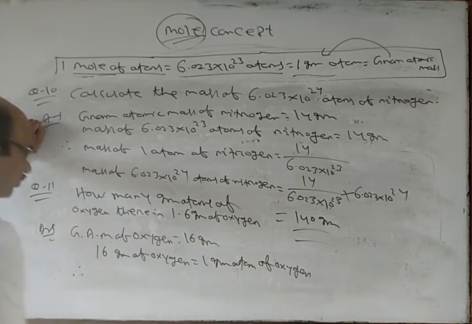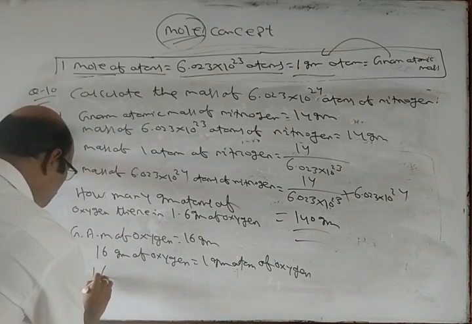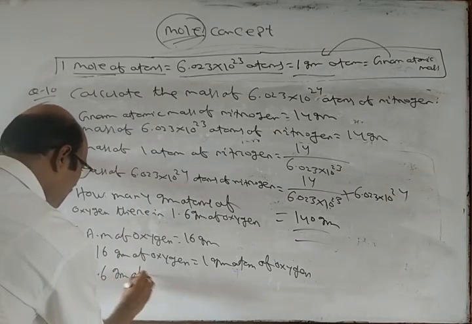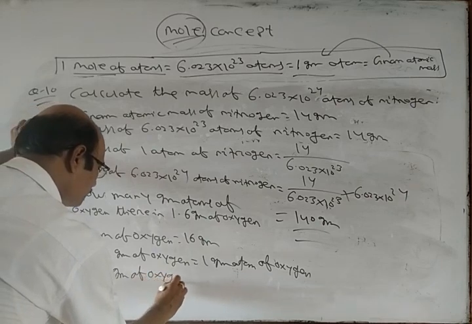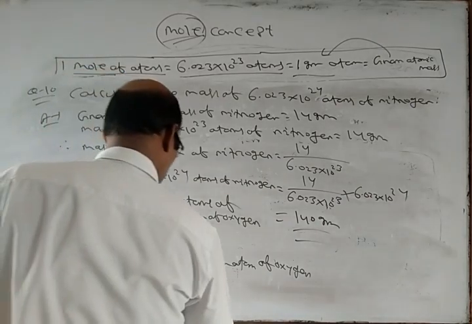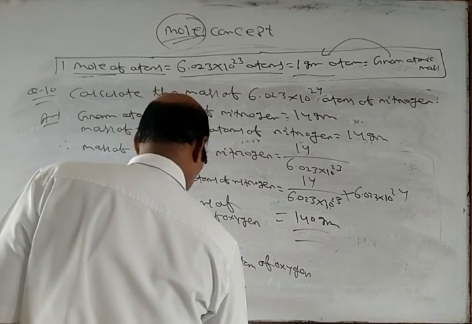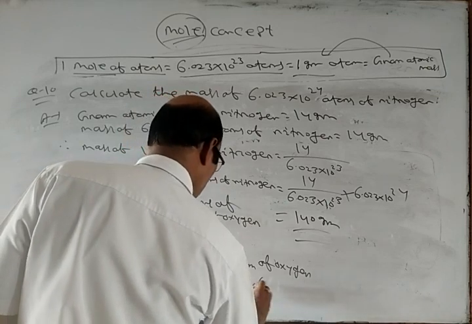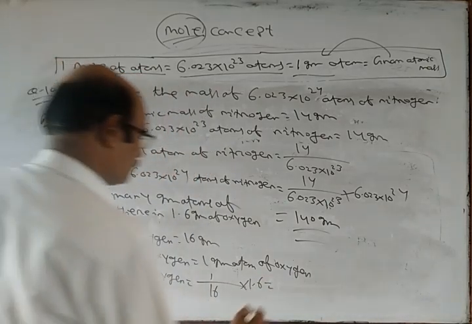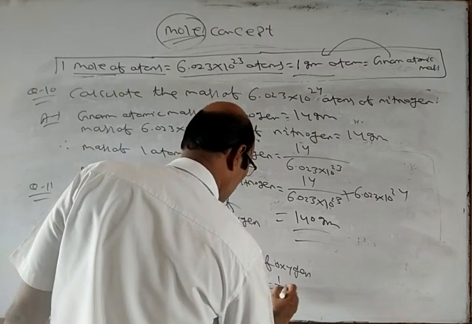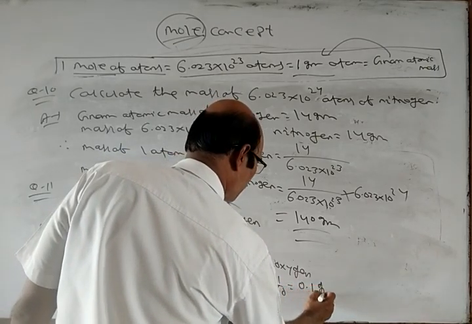Therefore 1.6 gram of oxygen equal to what? 1 by 16 into 1.6 equal what? 1 by 10 equal what? 0.1 gram atom.